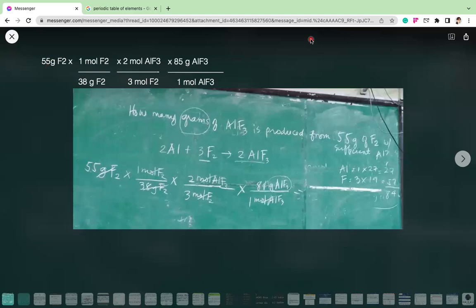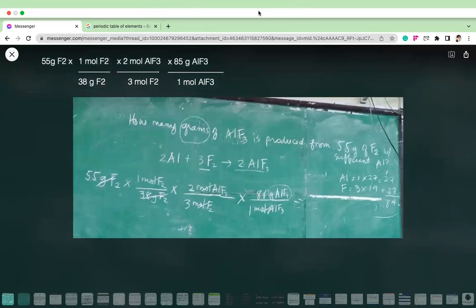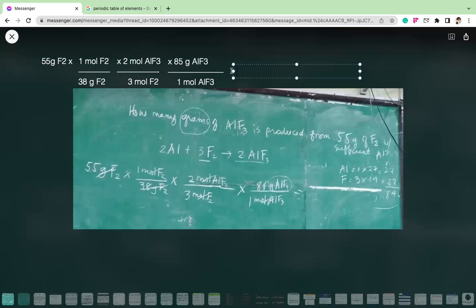And then, sa calculator, pag mag-multiply ka, dapat 55 times 1 times 2 times 84, all over 38 times 3 times 1. Yes. So, sa calculator, dapat ganito ang itsura ng solution mo.